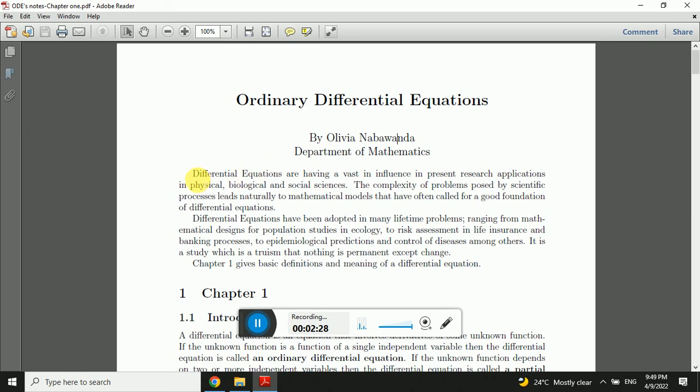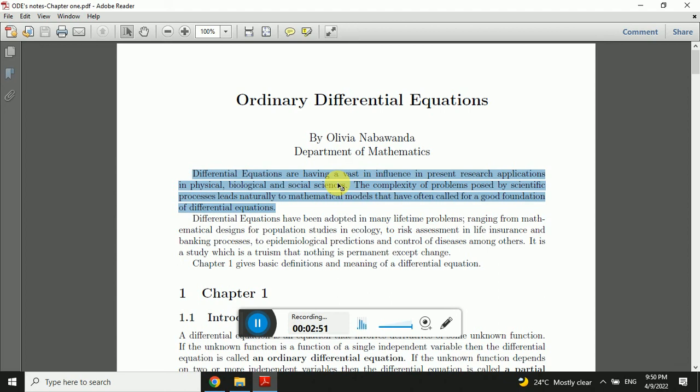Okay, so let's start. The first paragraph here is saying that differential equations are having a vast influence in present research applications, especially in the physical, biological, and social sciences.